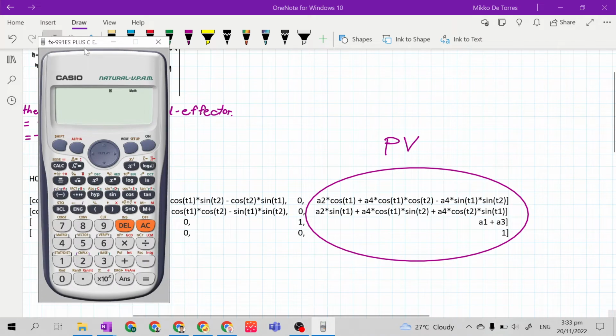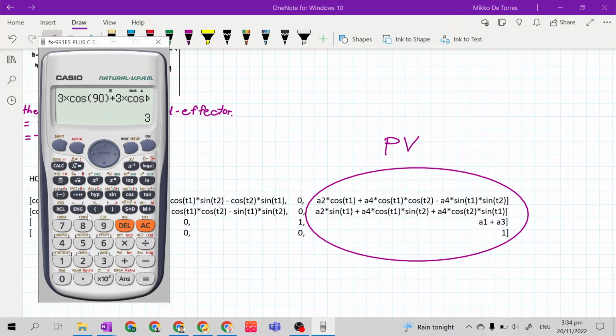So we have A2, all our link lengths are 3, times cosine theta 1, which is cosine 90, plus A4, so 3 again, times cosine T1, so cosine 90 again, times cosine T2, which is negative 90 degrees, minus 3 times sine 90, sine T1, times sine T2, where T2 is negative 90 degrees.